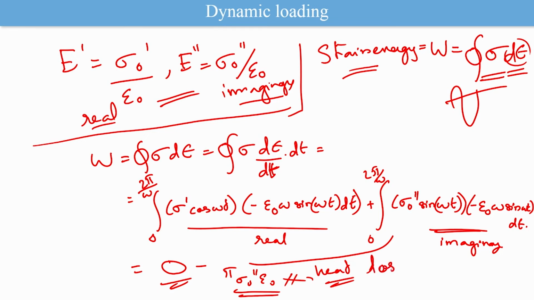That is why we represent the stress and strain relationship in case of dynamic loading, and the lag between them, as a complex function, so that we will understand its actual significance. Now you might have understood the basic understanding of dynamic loading.